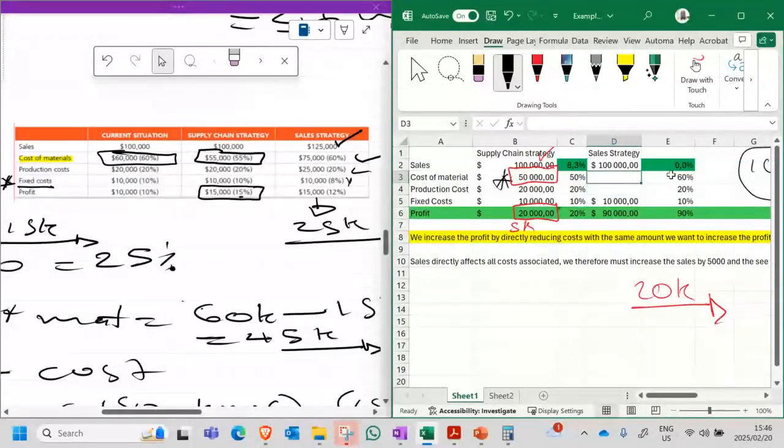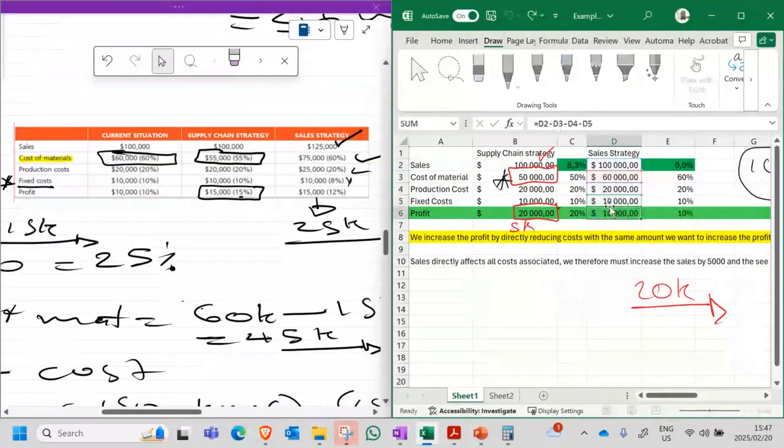So now, I say equals to this percentage, which is 60% of what? Multiply by 100, then I'm getting my 60,000. Then on this one, I say equals to 20% multiplied by my 100,000. Then you're getting this value. Then obviously this one is just this, you minus from 100,000, then you get your profit.